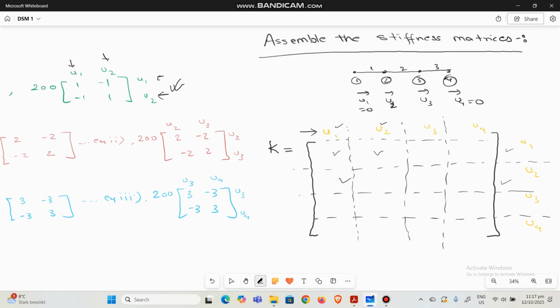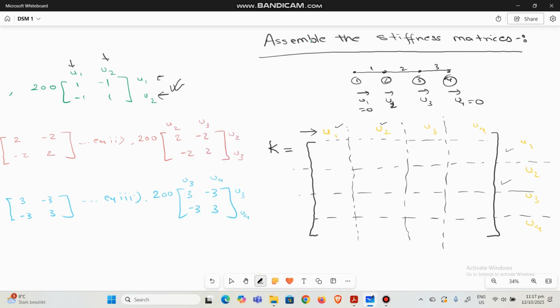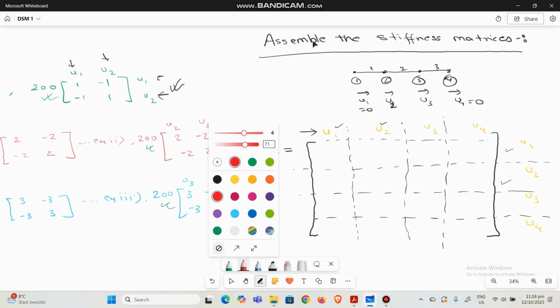Okay, so I'll just write this in green because I wrote the first element as green. Since we took 200, and 200 is common in all of this, we can take that 200 out actually. So just remember, let's quickly do it so that we do not get confused.